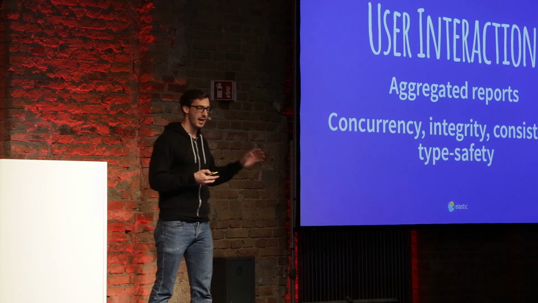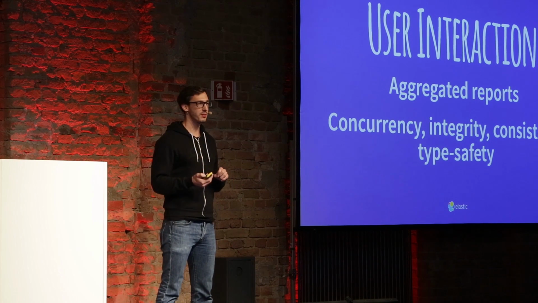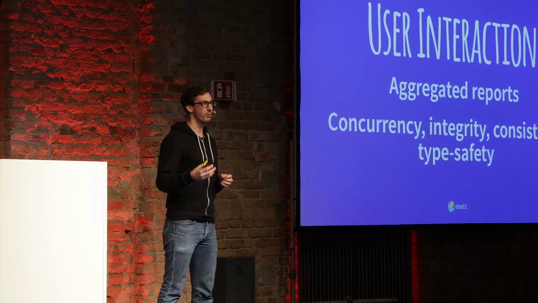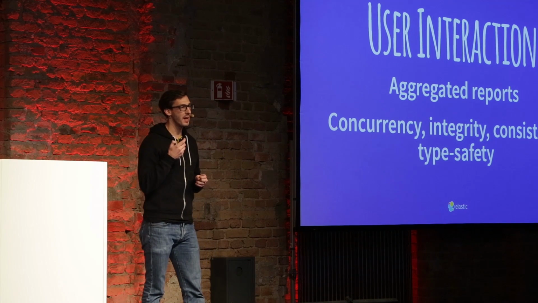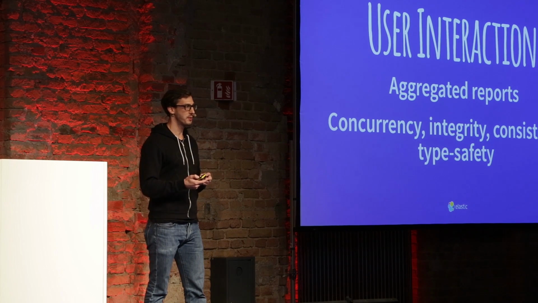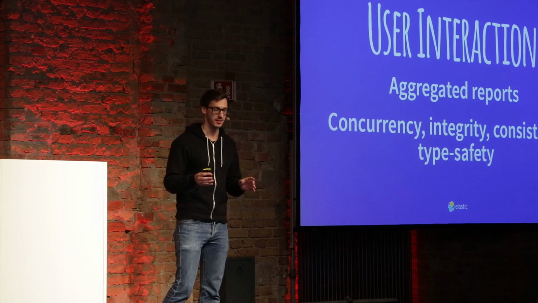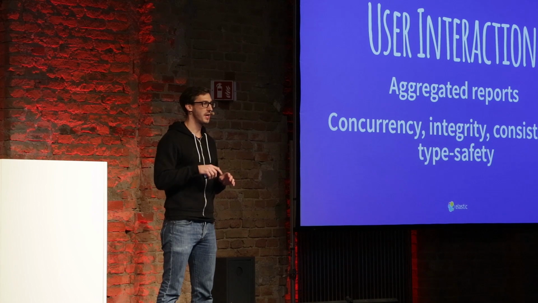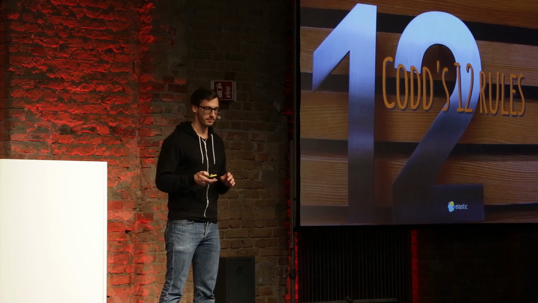It is made for user interaction, so it was built for aggregations. You could easily put data together and aggregate over that. But there is other stuff users are not so good at, especially if they're not trained computer scientists, like concurrency and integrity. The database systems would take care of that for you.